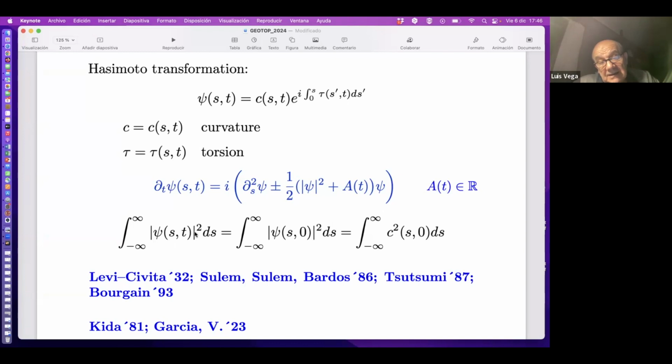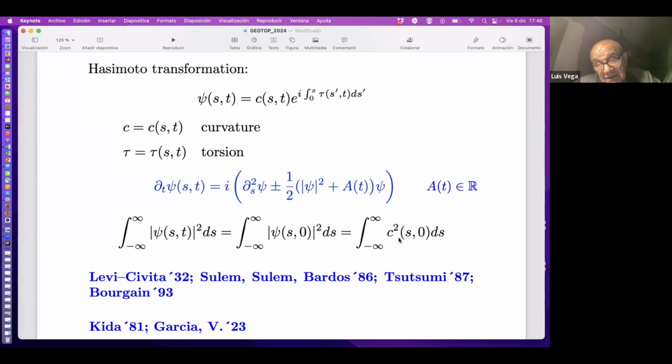And typically, what you expect is that the wave function satisfies L2 conditions like these ones here, so that the curvature squared is finite. This could be on the full line, and the corresponding result was due to Tsutsumi for the cubic NLS.